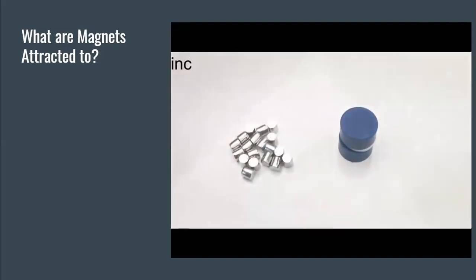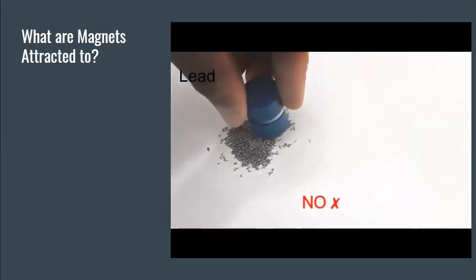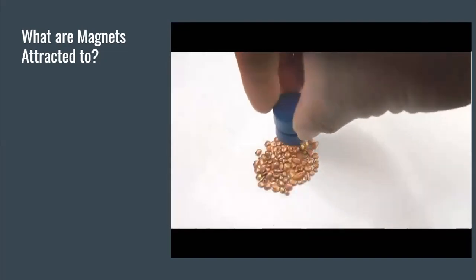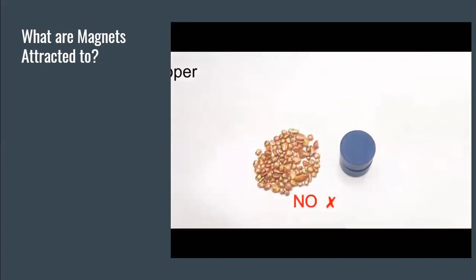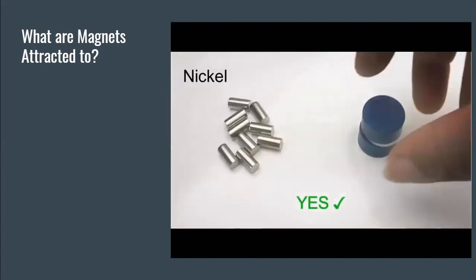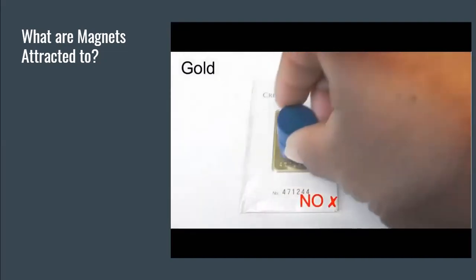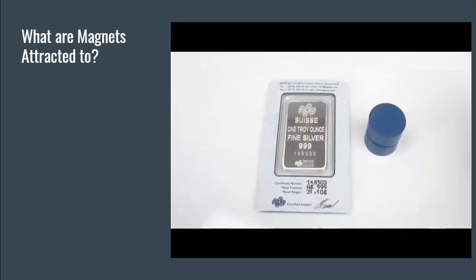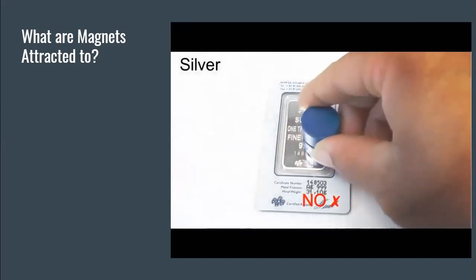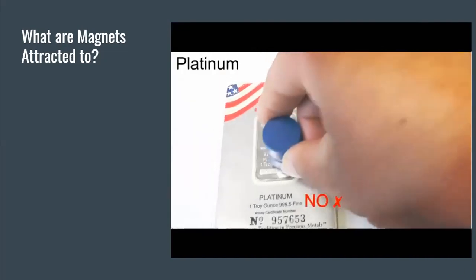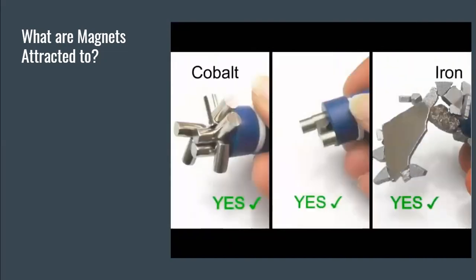They're not attracted to zinc, lead, or copper. They are attracted to nickel. They're not attracted to gold, silver, or platinum. So the only three metals they're attracted to are nickel, cobalt, and iron.